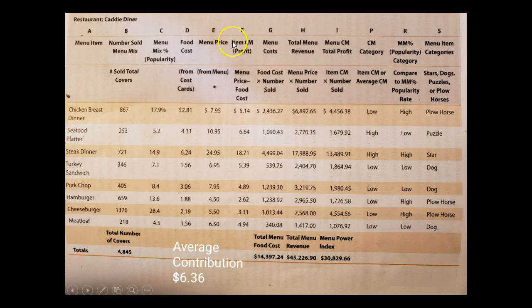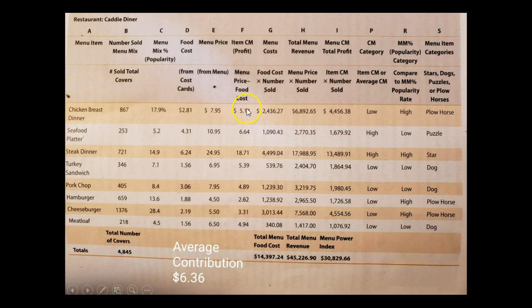So in order to find the average here, we want to take this number and divide it into the total of all of them. That gives us a grand total of 6.35.